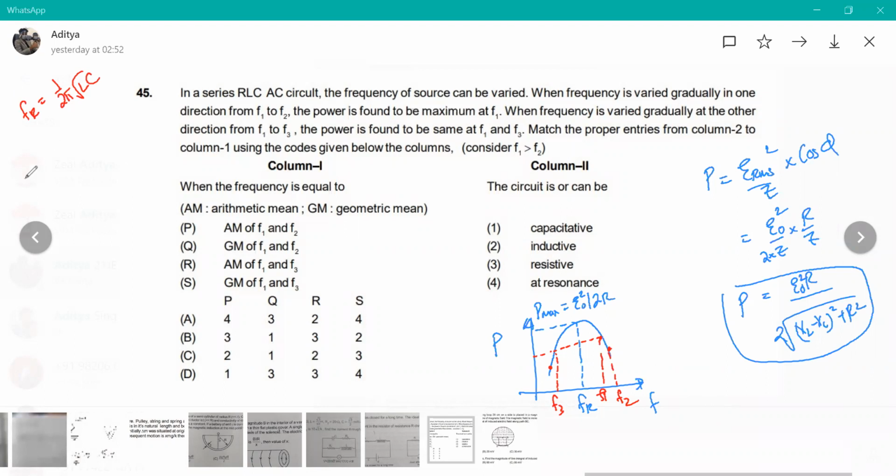Okay, you have here F1 is equal to F3. So that means omega 1 L minus 1 by omega 1 C is equal to 1 by omega 2 C minus omega 2 L.